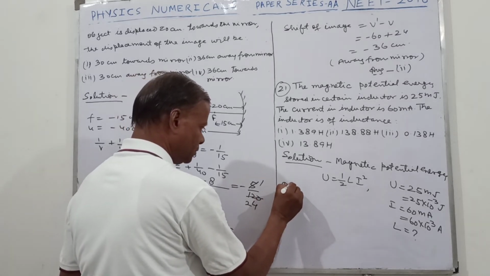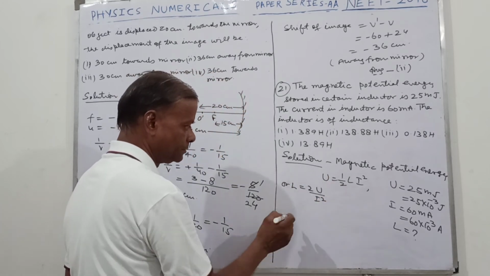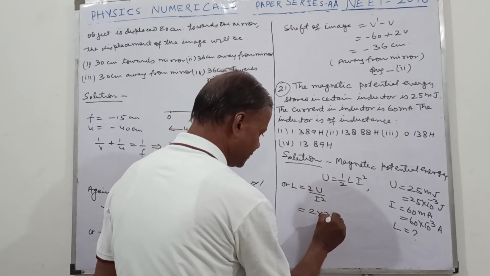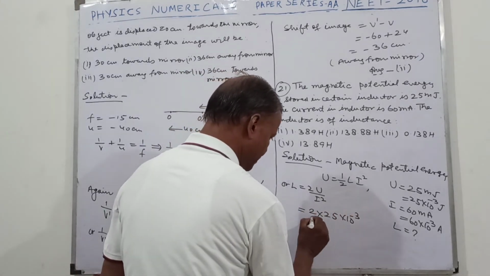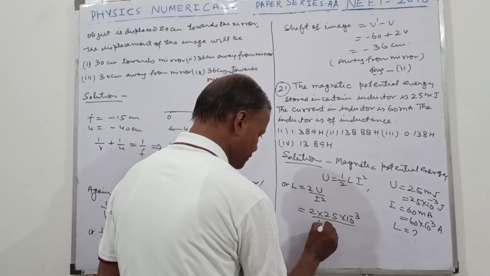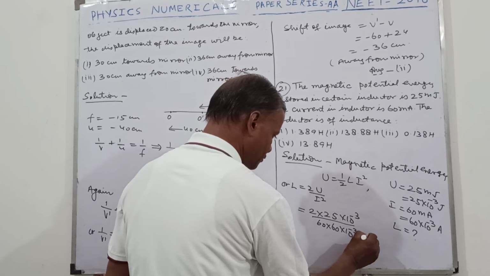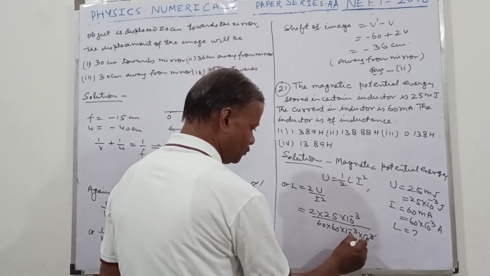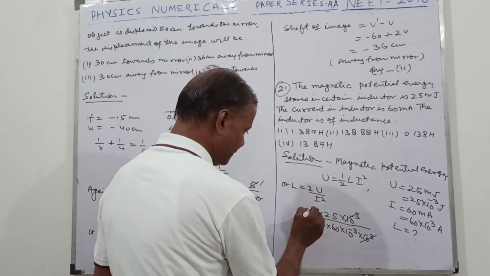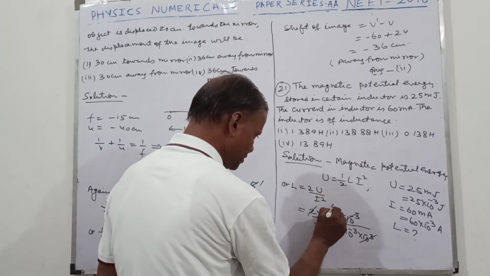So this L equal to 2U upon I square. This you can write. So this 2 times U is 25 into 10 raised to the power minus 3. I is 60. So 60 into 10 raised to the power minus 3 into 10 raised to the power minus 3. 1 will cancel from here. And you can have this 2 to this now you have 30. 5 sixes are 30, 5 to this now 5.